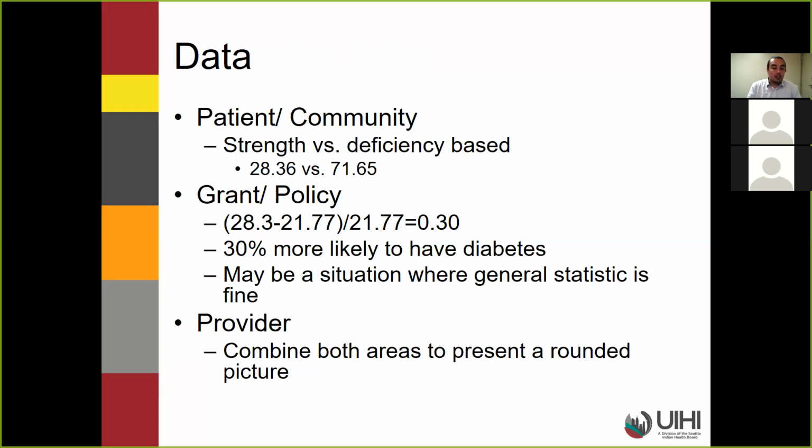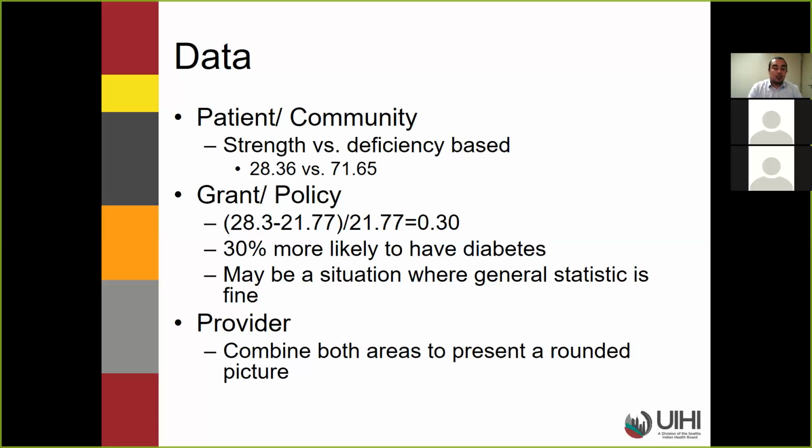Additionally, this is a situation where I feel like the percentage is starting to get high enough and relevant enough that it might be important to take the number out by itself for its own consideration when presenting these increases in likelihood. So being able to also say, well, look, this estimate says that 28.3% of AIANs have or endorse diabetes.